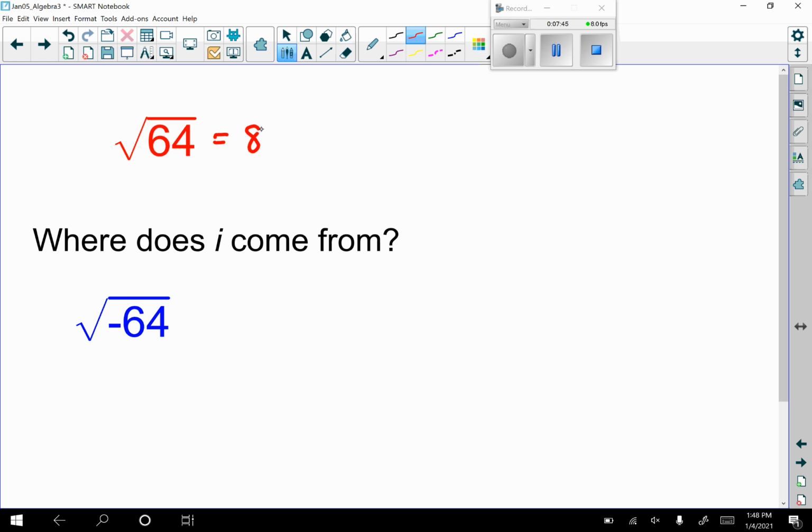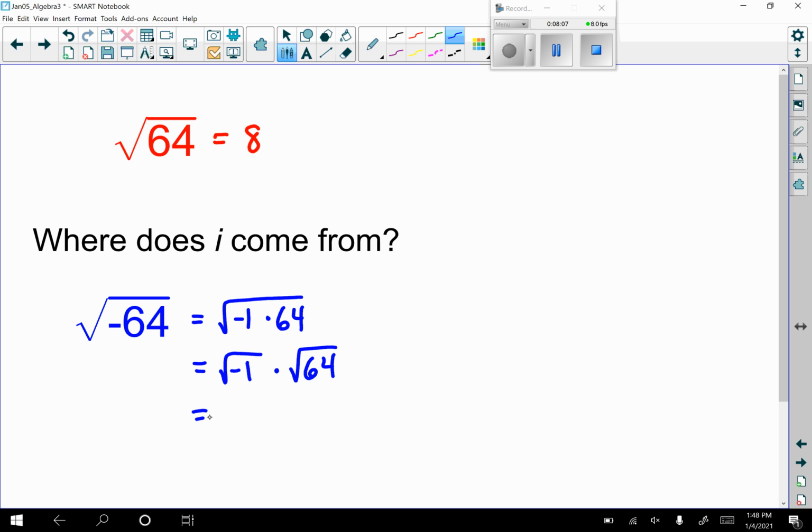If we're not getting a real answer, then we create something and substitute in a value for it. So if we wanted to look at the square root of negative 64 and use that multiplication property with radicals, I could say it's negative 1 times 64. Then I could separate this as the square root of negative 1 times the square root of 64.